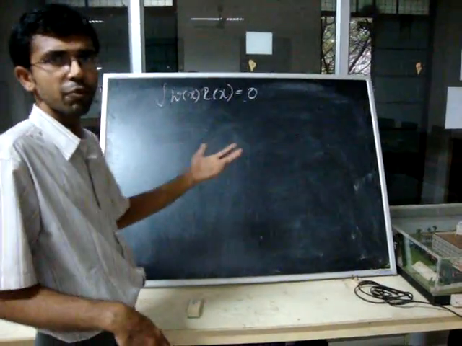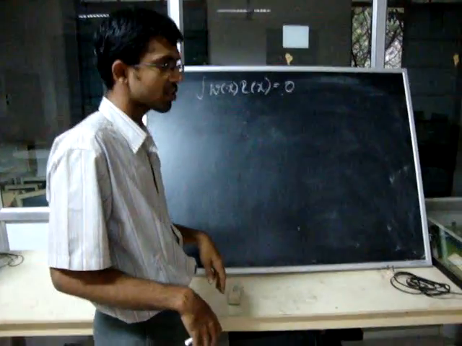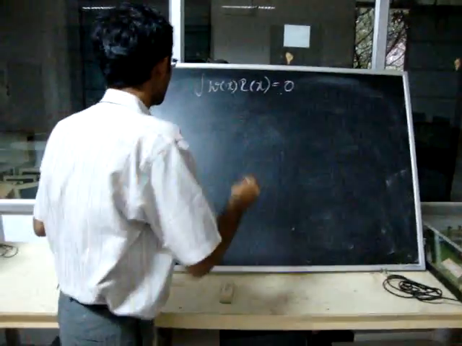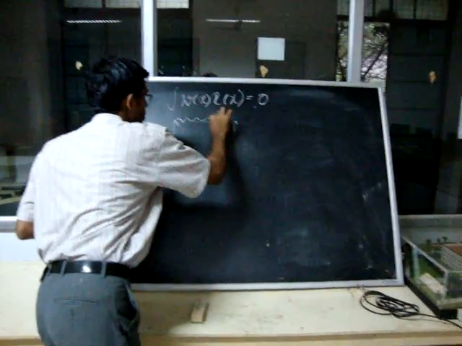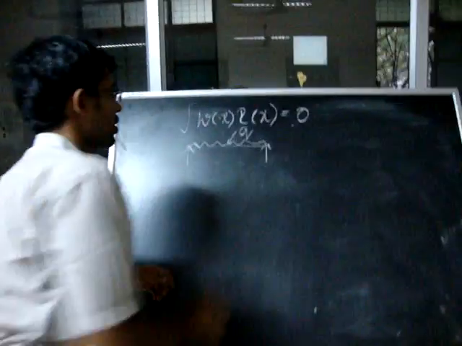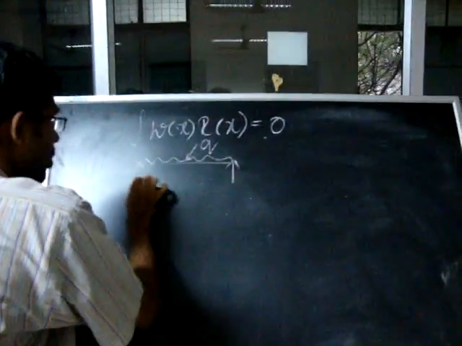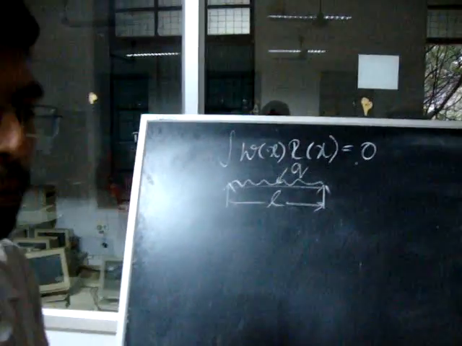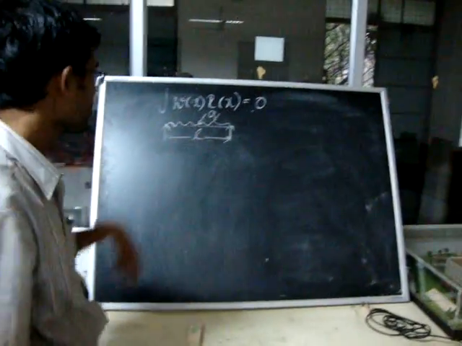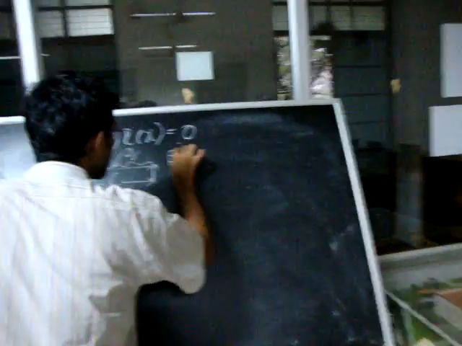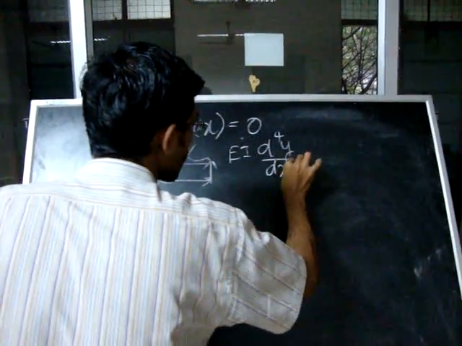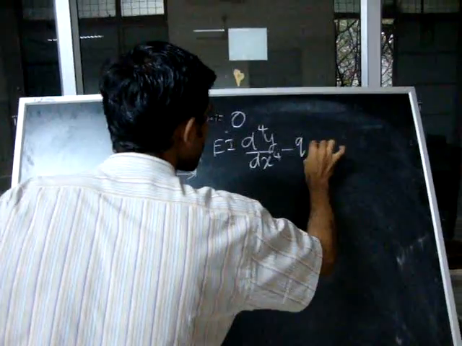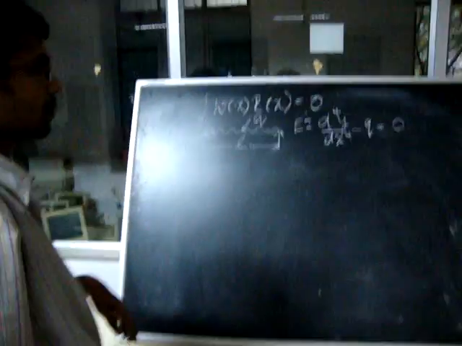So I wish to derive the weak formulation from this weighted residual statement. I wish to take a problem for this. Let me consider a simply supported beam with uniformly distributed load throughout, with the load being q, over a length L. The governing differential equation for this problem will be EI d4y/dx4 minus q is equal to 0.